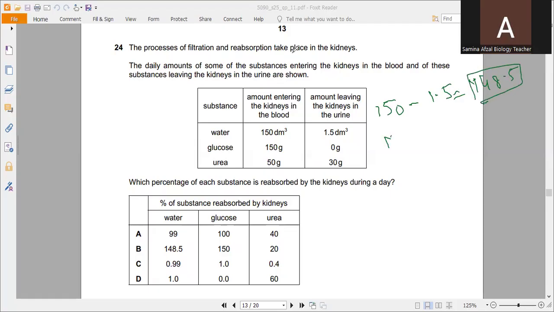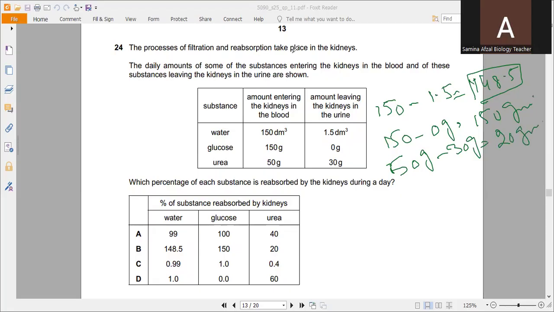Then 150 gram minus 0 gram is equal to 150 gram, so it remains the same, as 0% of glucose is in urine. Then urea is 50 gram minus 30 gram, which is equal to 20 gram.